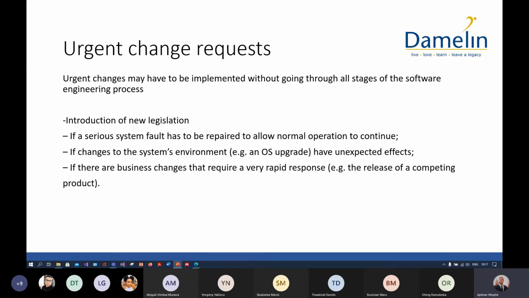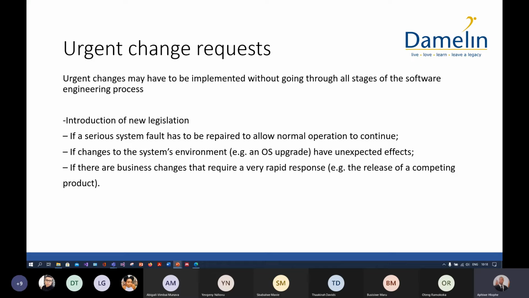And some of the other reasons for urgent change requests. If a serious system fault has to be repaired to allow normal operation to continue. So downtime, something just happens to the system and it just crashes out of the blue. So developers need to urgently go and address that. They don't have time to go through this whole formal process that you've seen in the previous slide.